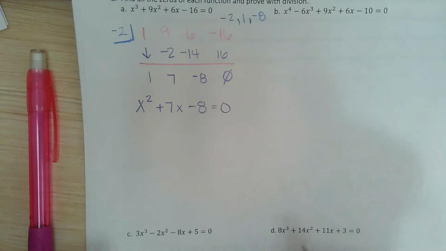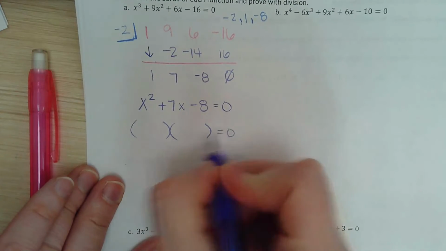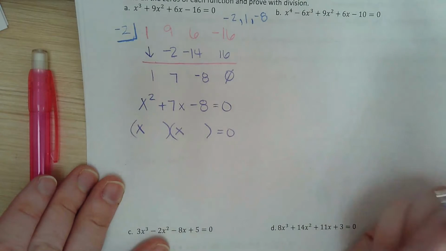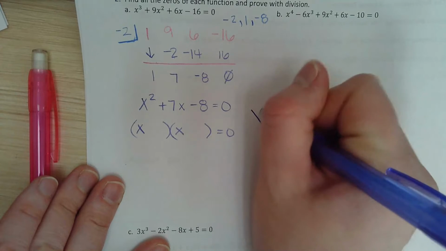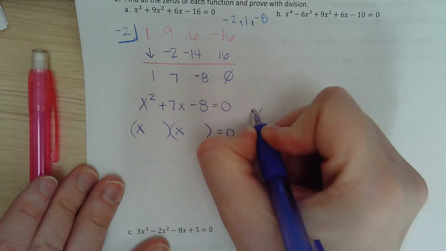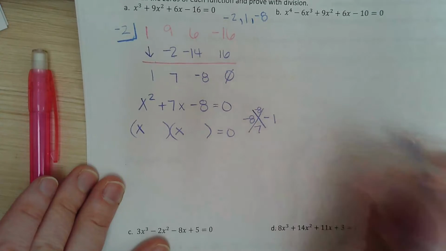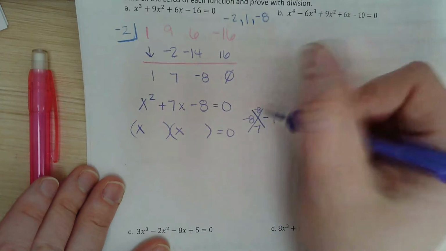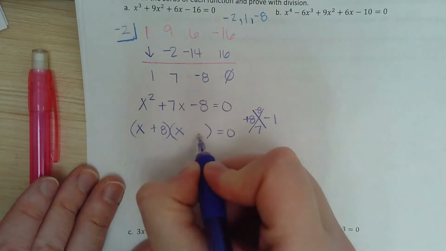Okay, so factoring this, I get x, excuse me. 1 times negative 8 is negative 8, adds up to be 7, negative 8 or negative 1. In order for it to be a positive 7, 8 needs to be positive, so I have plus 8 and minus 1.